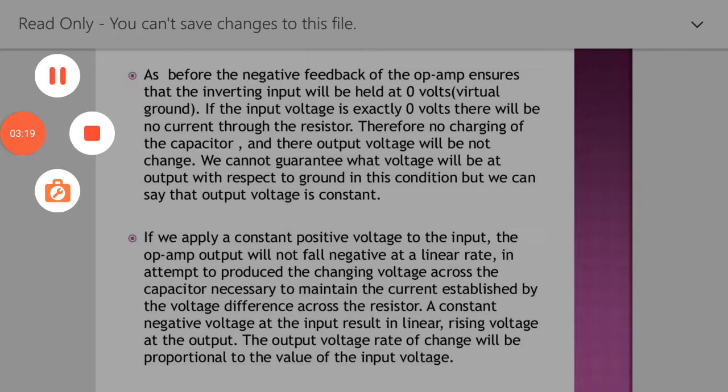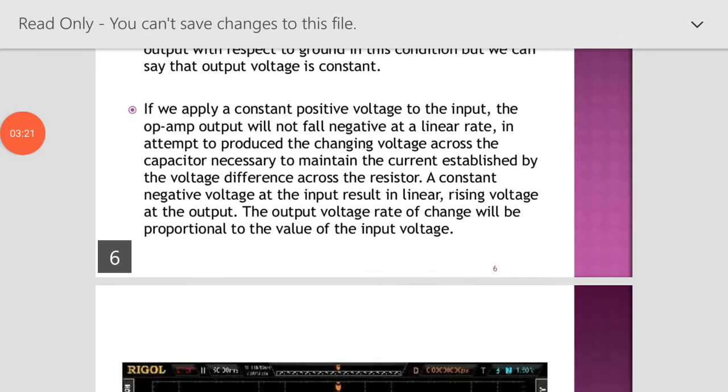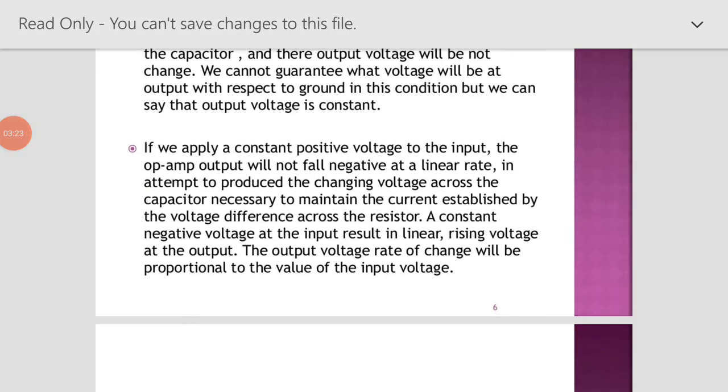If we apply a constant positive voltage to the input, the op-amp output will fall negative at a linear rate in attempt to produce the changing voltage across the capacitor necessary to maintain the current established by the voltage difference across the resistor.